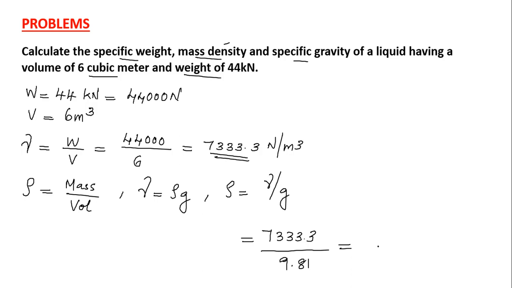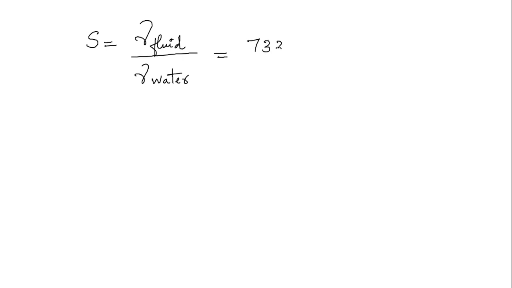So we will get density of the fluid as 747.5 kilogram per meter cube. Next we need to calculate specific gravity of the fluid. Specific gravity S is equal to gamma of the fluid divided by gamma of water. Gamma of fluid is 7333.3. Gamma of water is 9810. So while solving, we'll get it as 0.747.